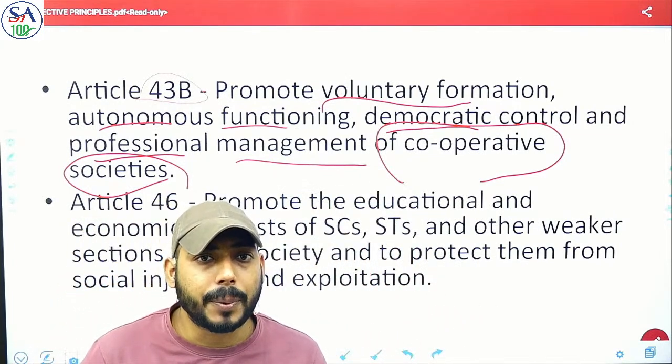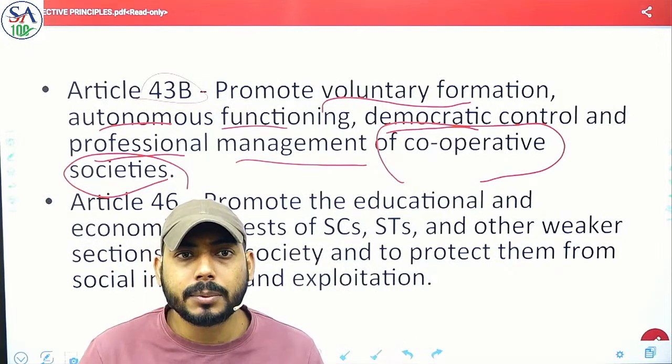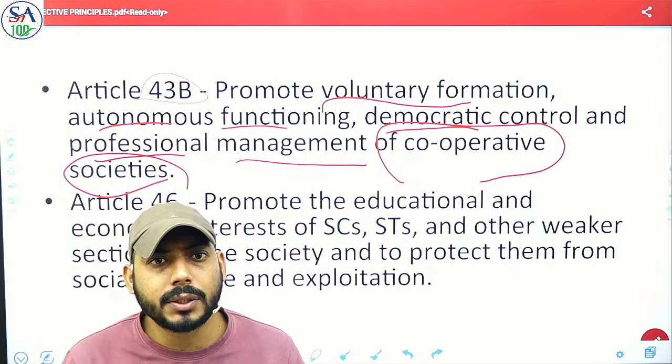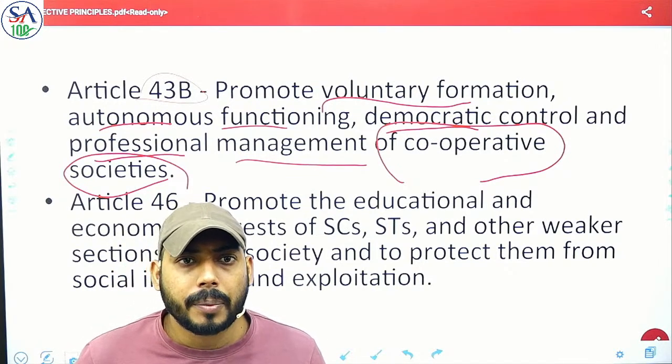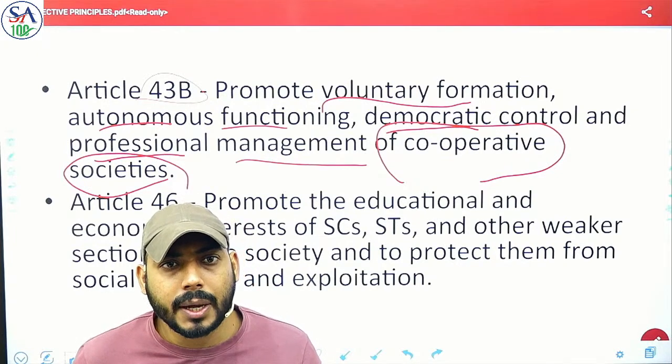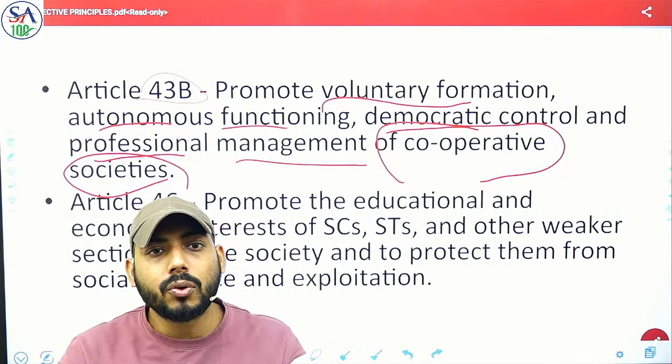In cooperative societies, people voluntarily come together and form a union. It could be of anything. For example, a potato cooperative can be there, a self-help group can be there. All these come under the cooperative society.